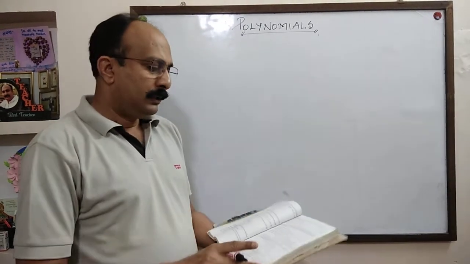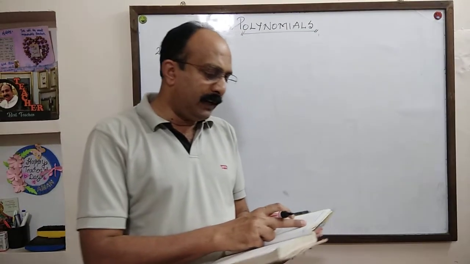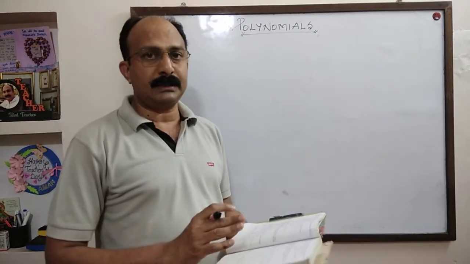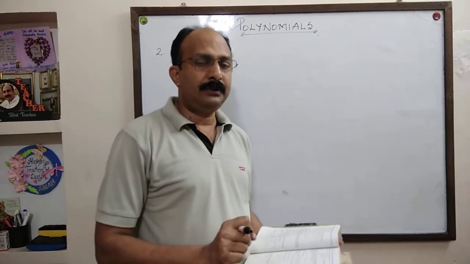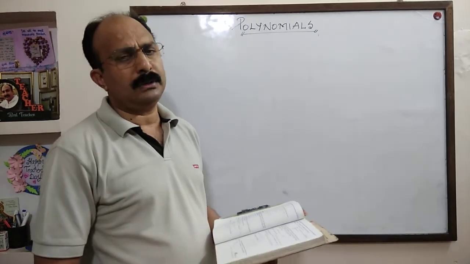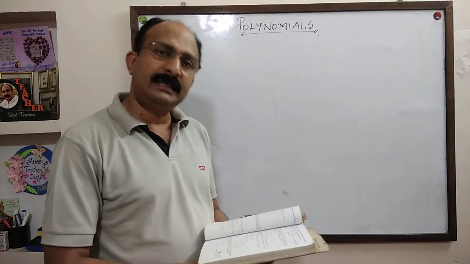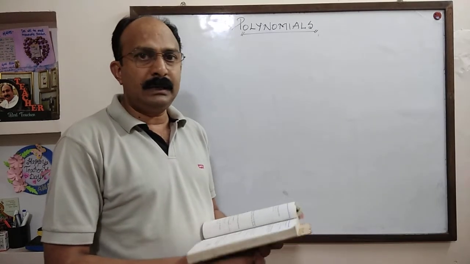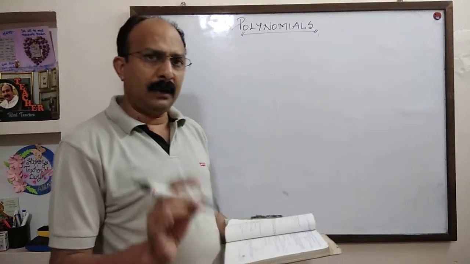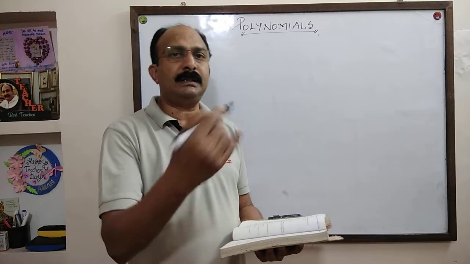Now, you are given a p(x) and in front of each p(x) you are given a g(x). In every question you have to check whether g(x) is a factor of p(x) or not. Same thing, same question. In question number 1, g(x) was same for all the p(x). g(x) was x plus 1. Now, in place of that x plus 1, for each polynomial, g(x) is also changed.